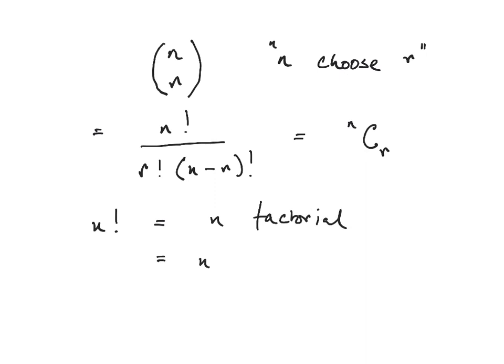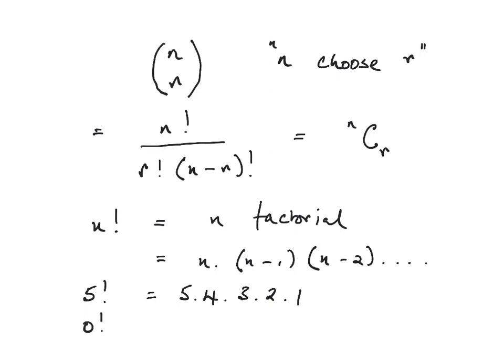Now the factorial function is n times (n minus 1) times (n minus 2), so on and so forth. So 5 factorial is 5 times 4 times 3 times 2 times 1. 1 factorial is 1, and 0 factorial is also 1 as well.